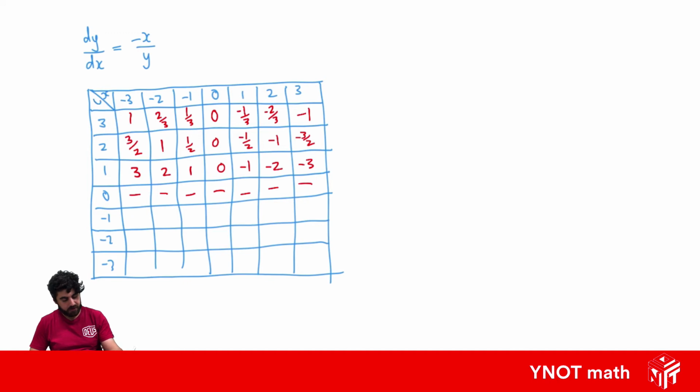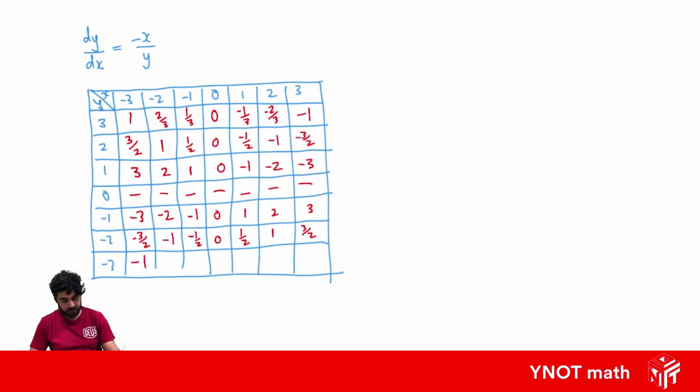This should be our y values. We get -3, -2, -1, 0, 1, 2, and 3. Here we get -3/2, -1, -1/2, 0, 1/2, 1, and 3/2.